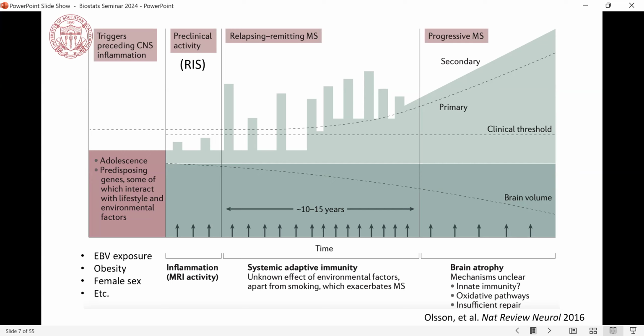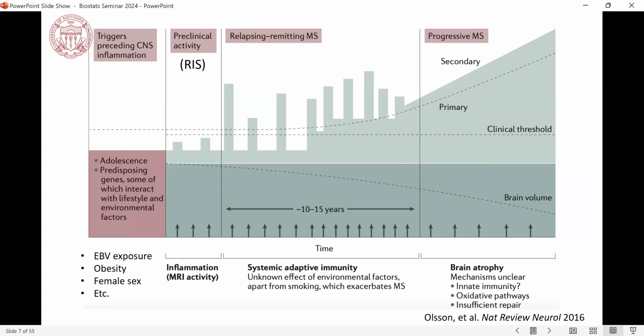So it's dark, a preclinical period, and then there is the actual preclinical period. It's an inflammation period, and in this stage it's called radiologically isolated syndrome. There's no clinical symptom, it only exists in the imaging. Only if you do the MRI can you find it.